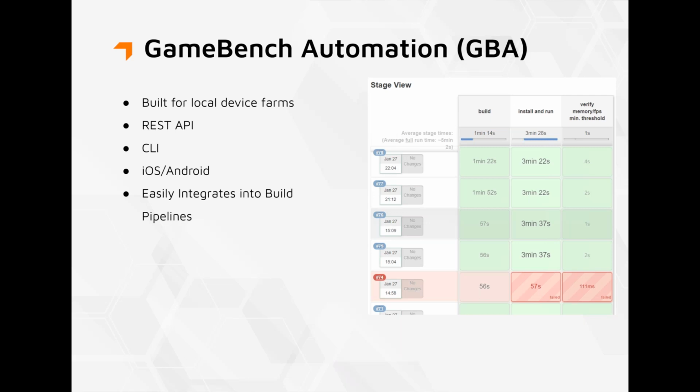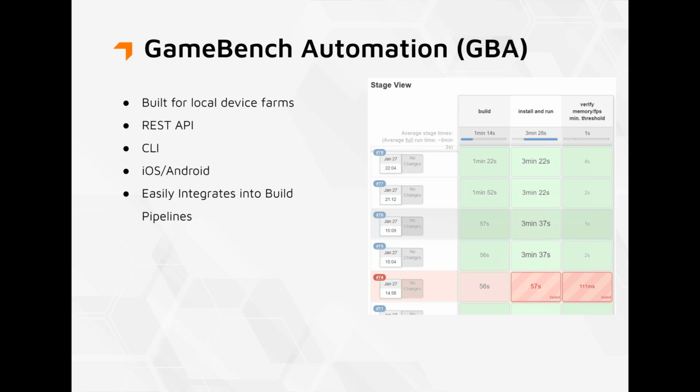And with the exposed APIs and CLI, it's really easy to integrate into a build pipeline, whether it's something living locally on a developer's desk or a centralized shared local device farm using something like Jenkins.